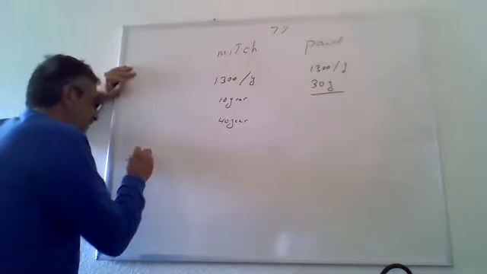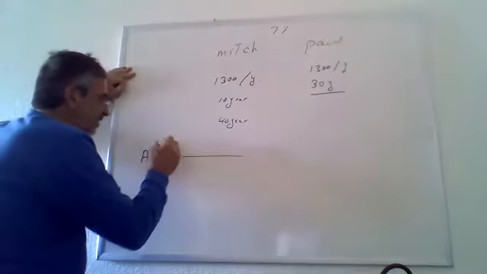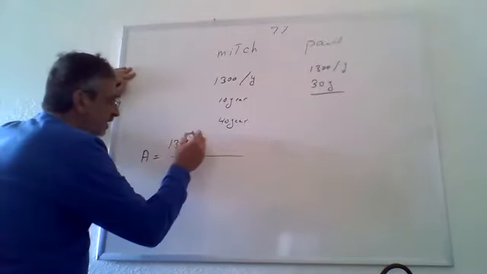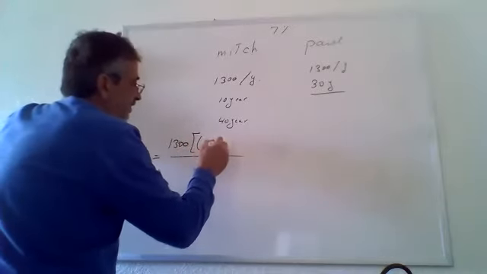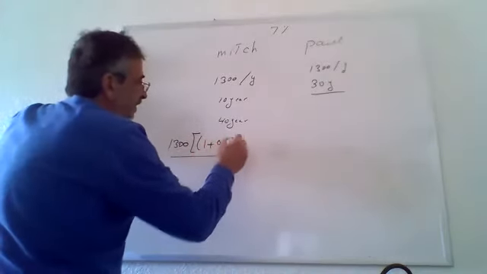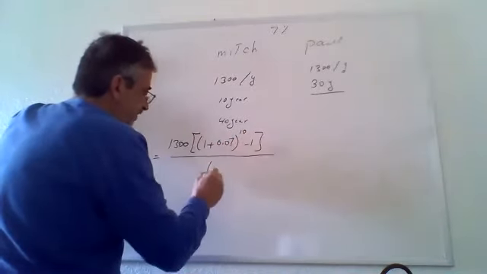A equals the payment, which is 1,300, times 1 plus 0.07 to the power 10 minus 1, divided by 0.07.